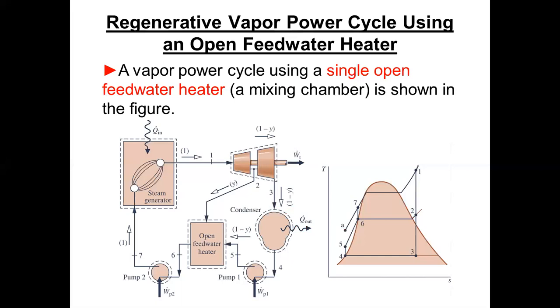Okay, so then the condensed liquid at the condenser pressure falls into pump number 1. We have to put some work into it, so that's W dot P1 goes in. We come out at 5, and then we go into the open feed water heater. The steam comes in, and that is basically mixed together. This doesn't show a vent. I mean, as far as thermodynamics, the vent is insignificant. It's a very small amount.